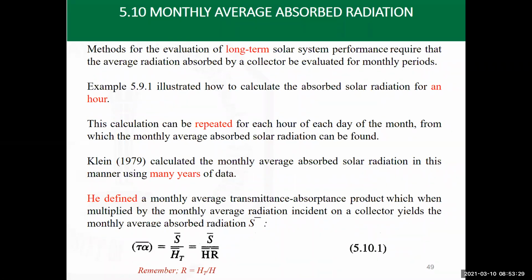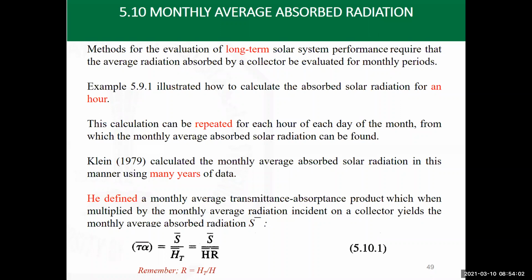Now the methods for evaluating the long-term solar system. Normally, when we are doing a solar collector analysis for heating of a building, for example, I need hot water in this house or in this building in general, sometimes you don't have to do it for every hour and then every day, so that you can get it for the whole year and make sure that your solar collector is carrying out the required load all over the year.